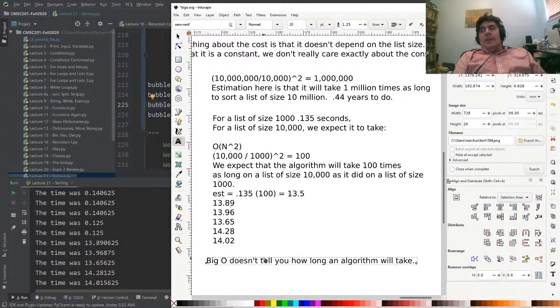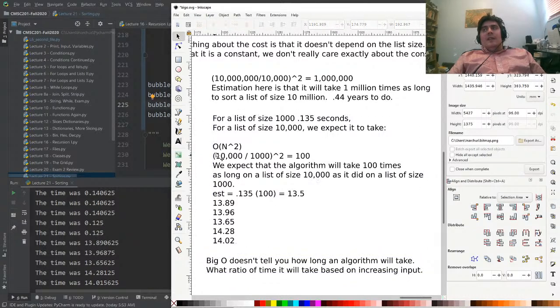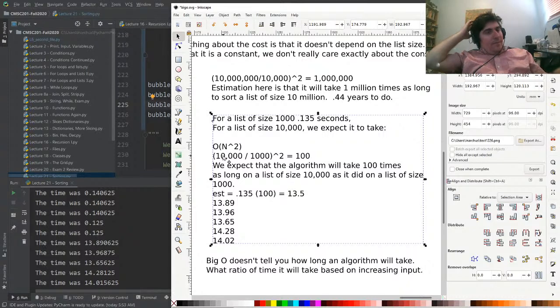What it does tell you is what ratio of time it will take based on increasing input. So basically, what O of n squared tells us is that as we increase the size of our data set, the amount of time it takes should increase with the square of the size of the data set. So that is what an O of n squared algorithm does. Okay? All right.